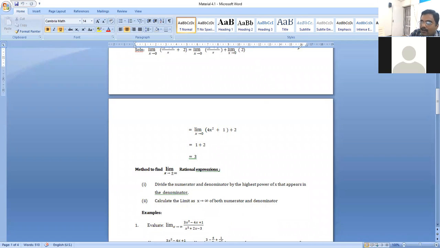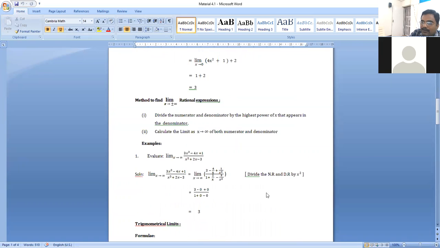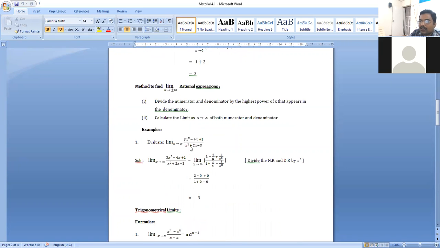So here, evaluate the limit as x tends to infinity of 3x square minus 4x plus 1 by x square plus 2x minus 3. This is the problem. Now, how to do this? They have explained the method. Step number 1, you have to divide the numerator and denominator by the highest power of x that appears in the denominator.